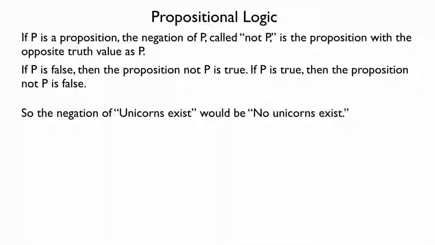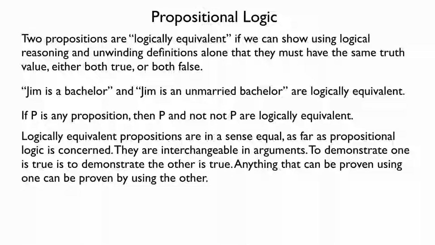If P is a proposition, the negation of P, called not P, is the proposition with the opposite truth value as P. So that means if P is false, then the proposition not P is true, and if P is true, then the proposition not P is false. So for example, the negation of "unicorns exist" would be "no unicorns exist," or equivalently, "unicorns do not exist."